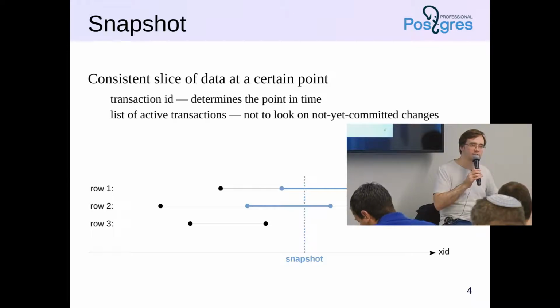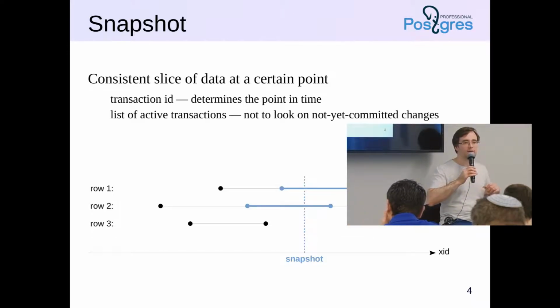We must have this list because we don't want to see data of transactions that were active and were not committed at the moment when we created our snapshot. So basically it's several numbers. It's not a physical copy of row versions, of course.